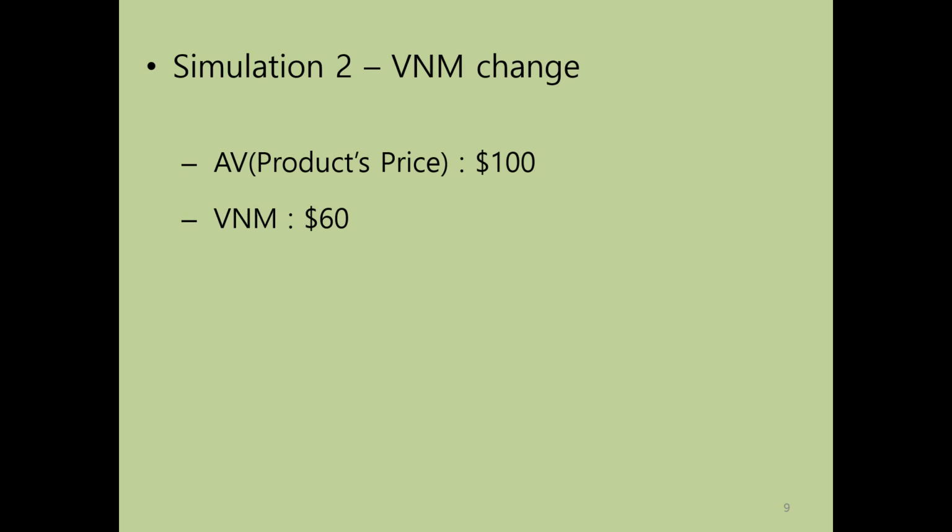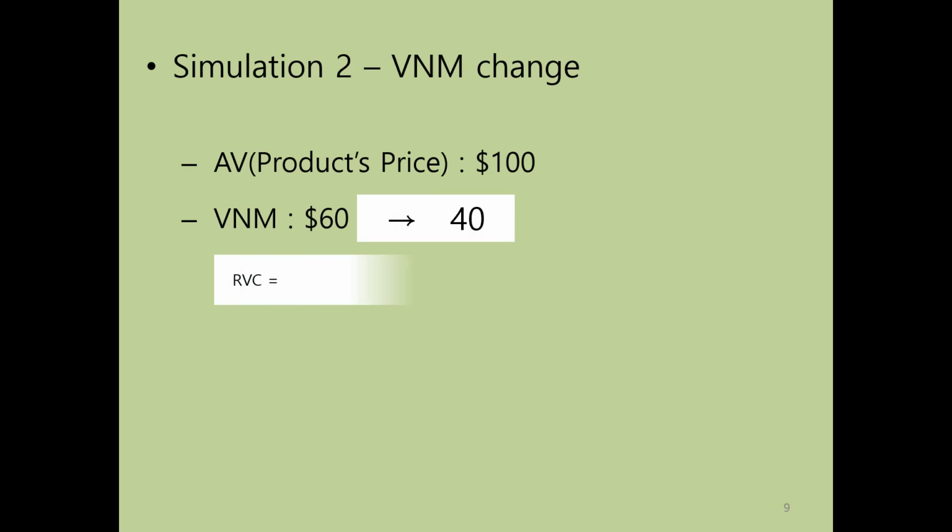Simulation 2, VNM change. In this simulation, we will change the VNM. The AV, the product price, is $100 and the original VNM is $60. And in this simulation, we will change the VNM to $40. We will see what happens if the VNM changes to $40.